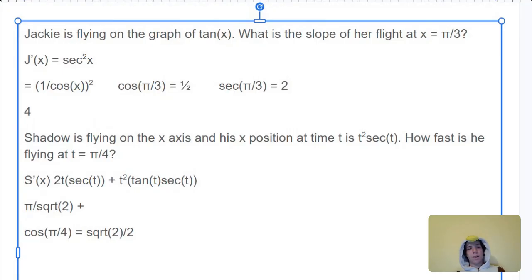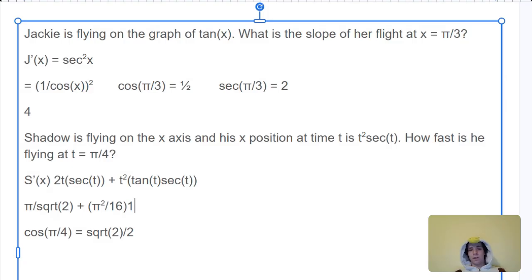And then now we're going to add t squared. So that's pi over 4 squared, or pi squared over 16. And we're going to multiply that by the tangent of pi over 4. And you might remember that the tangent of pi over 4 is 1, because cosine of pi over 4 and sine of pi over 4 are both square root of 2 over 2.